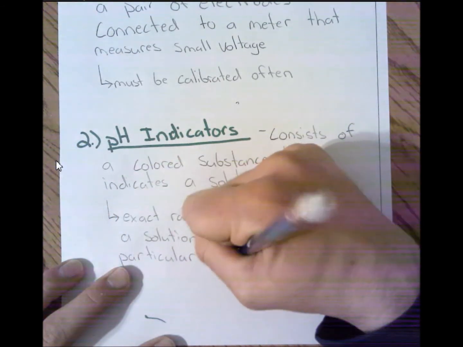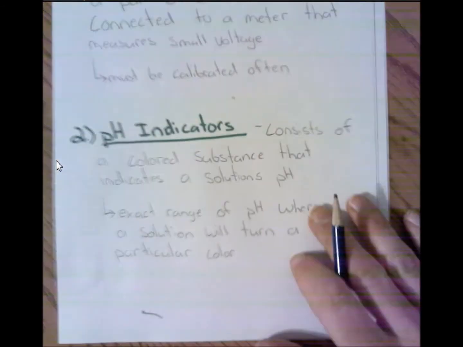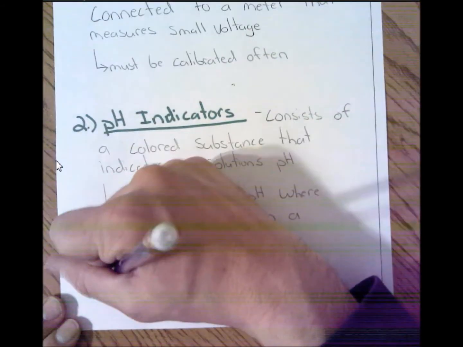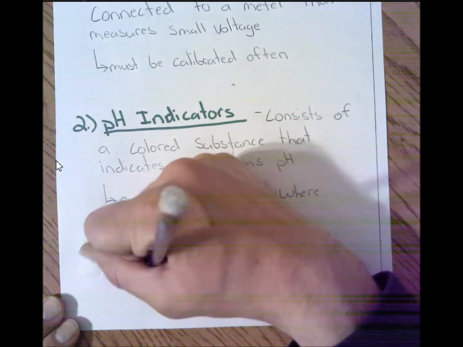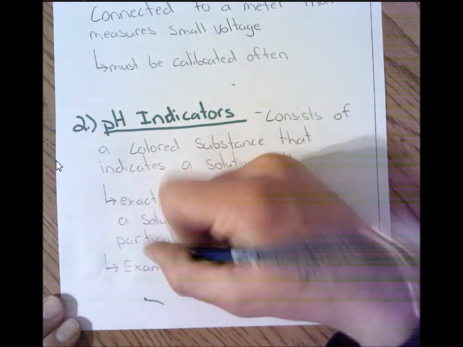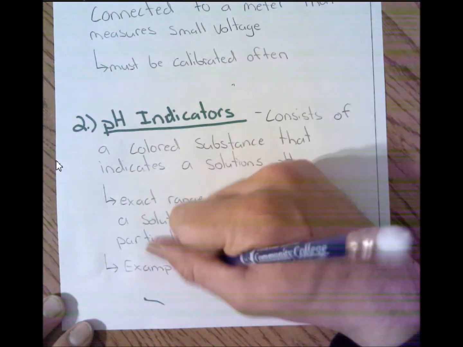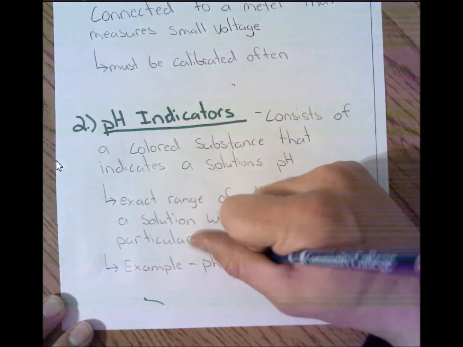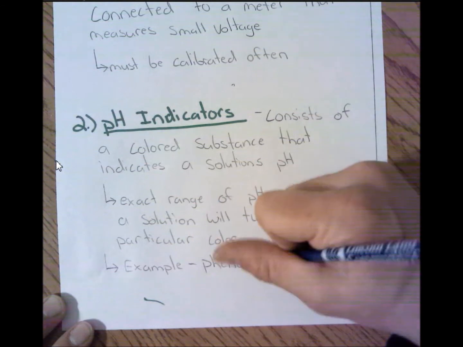The best example here is the indicator called phenolphthalein, and we've used this in class before, whether it was a demonstration or a lab. Phenolphthalein, there we go, indicator.